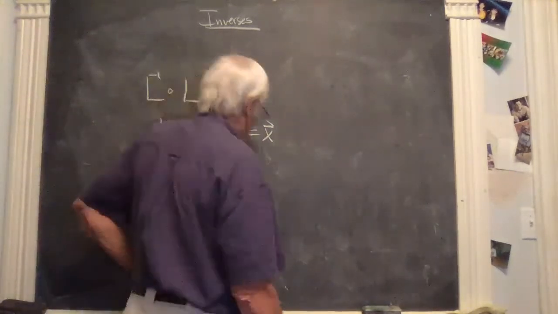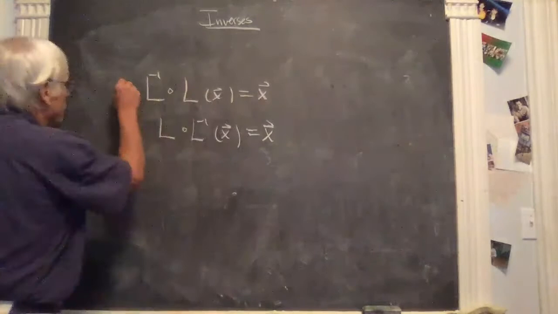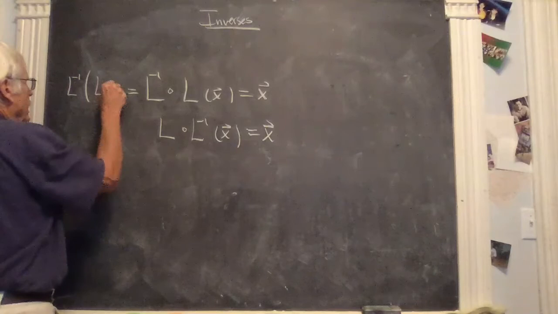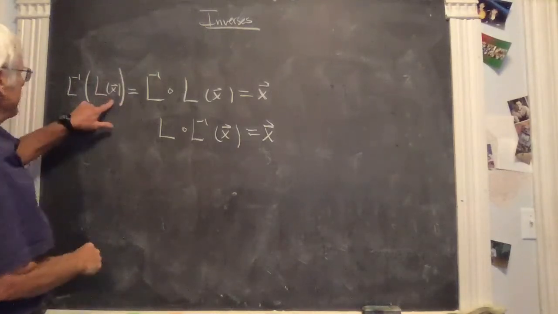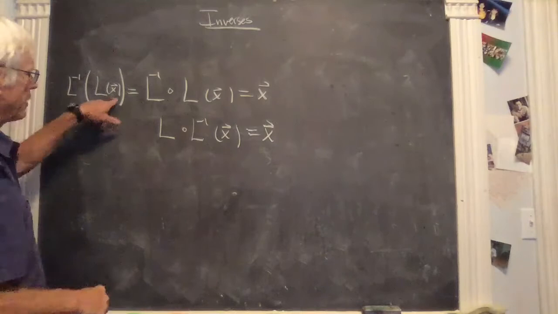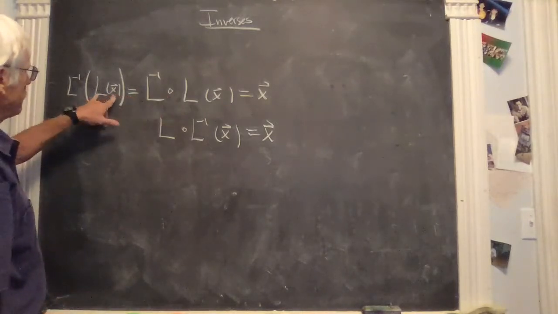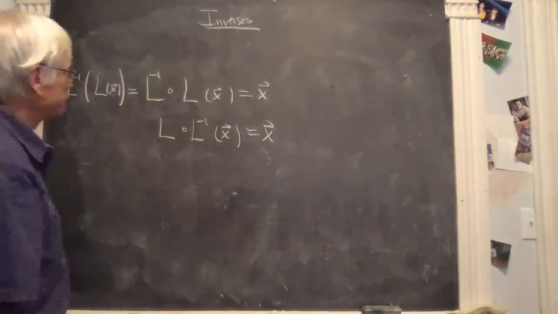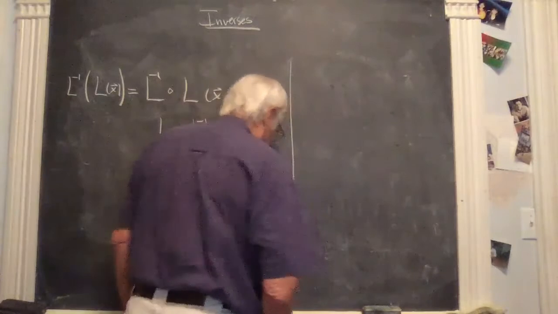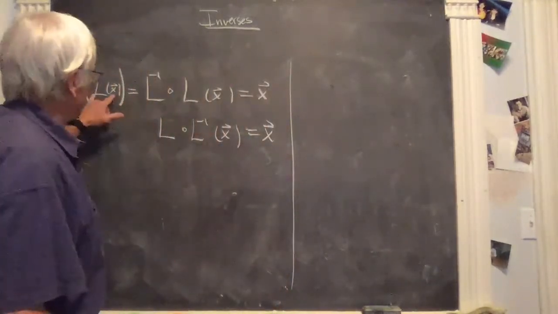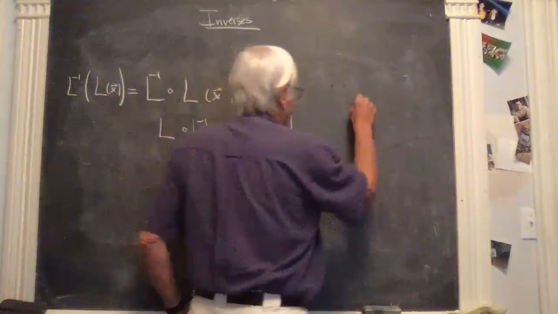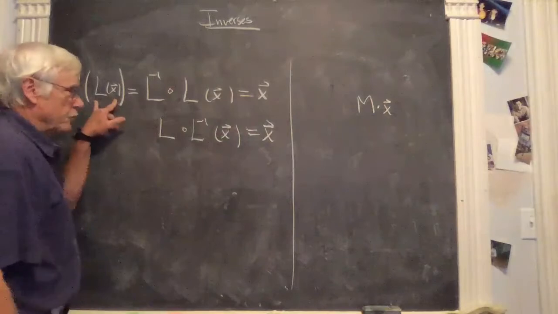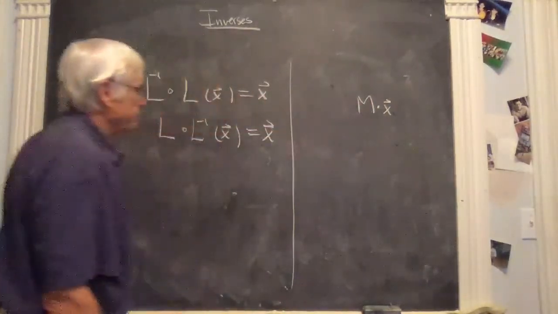Over here in matrix land, we know what this stuff is. Well, I'll write what this little circle means. This means, first of all, you do L of X, and then after that, you do L inverse of that. So the little circle means you do L of X first, and then do L inverse of whatever the result is. But over here in matrix land, because M is the matrix representation, L of X is equal to M times X. Function evaluation is the same as matrix multiplication.